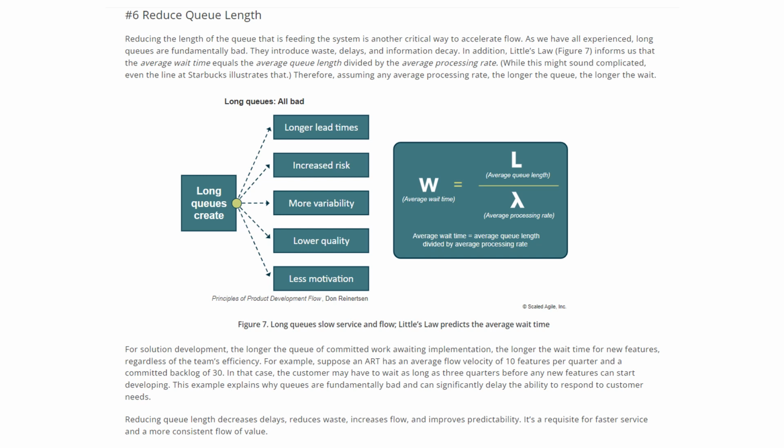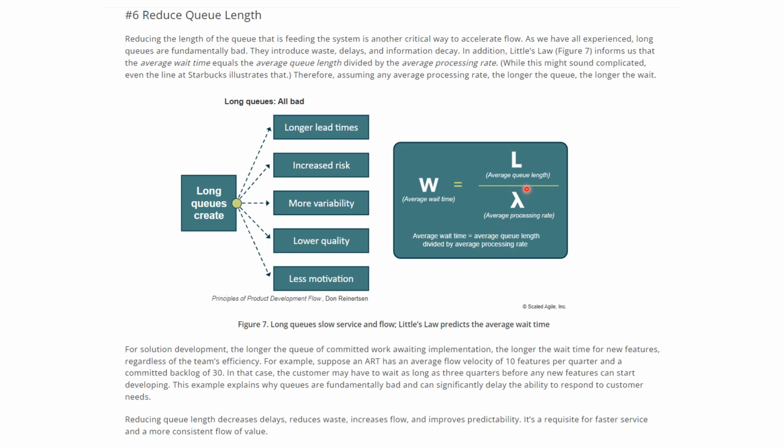Little's Law informs us that the average wait time, which is W, equals the average queue length, which is L, divided by the average processing rate, lambda. While this might sound complicated, assuming any average processing rate, the longer the queue, the longer the wait.